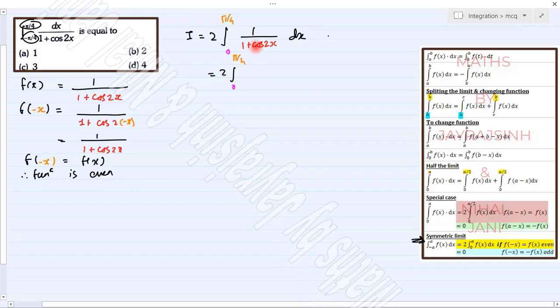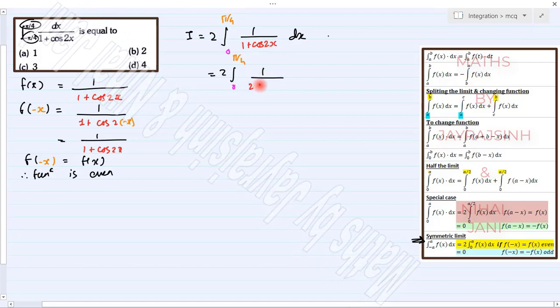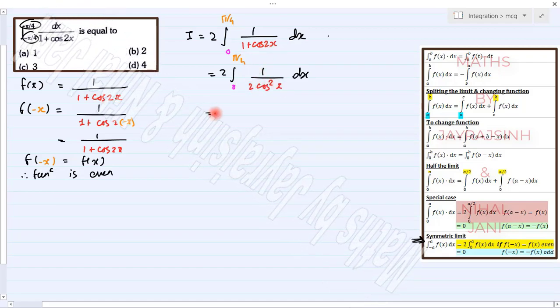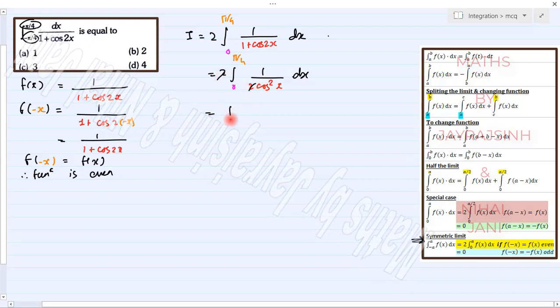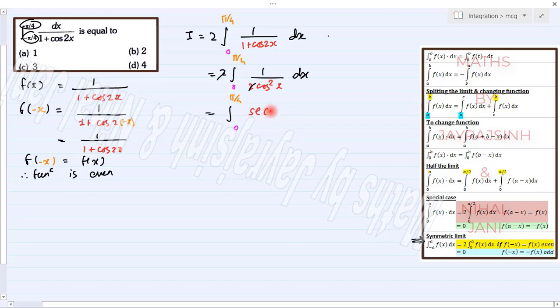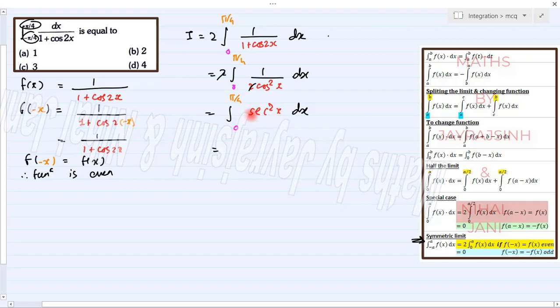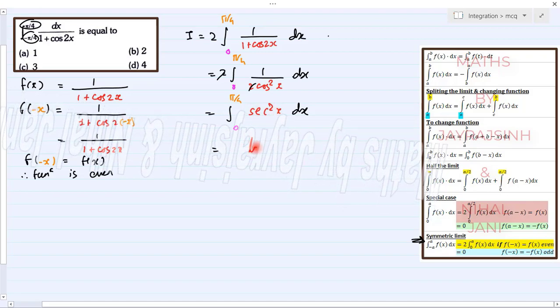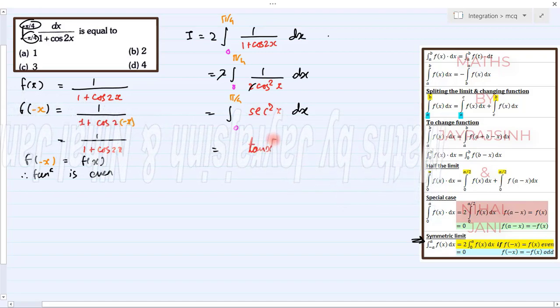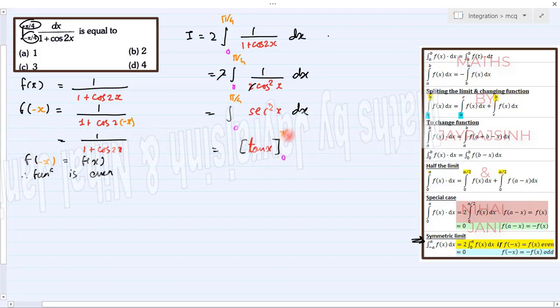In the denominator, we have 1 plus cos 2x, which can be rewritten as 2 cos square x. So this 2 will cancel out. We just have to integrate 1 upon cos square x, which is sec square x. So the integration of sec square x is simply tan x. Limit is from 0 to pi by 4.